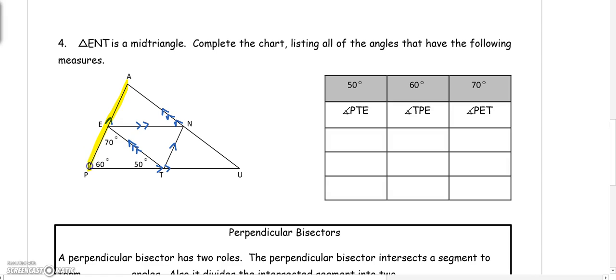I'm going to pick AP and NT. If I pick the side that has angles along with it, this will be my transversal. So I can use alternate interior angles to fill in the measure of two angles. Actually, I'm not going to use 50 yet, we're going to use 70 first. So 70 is an alternate interior angle, and I can fill in 70 degrees there.